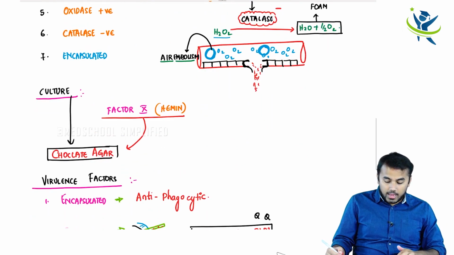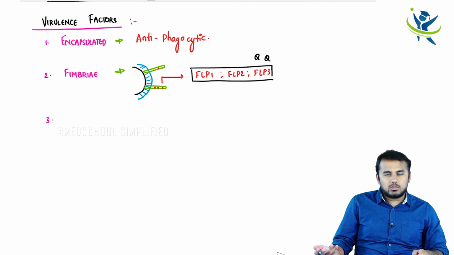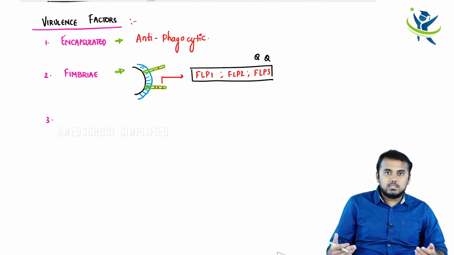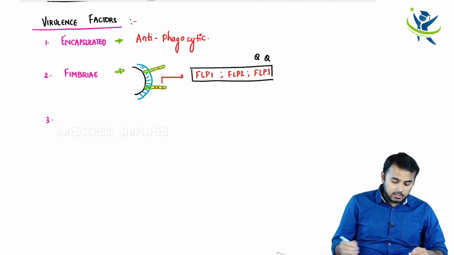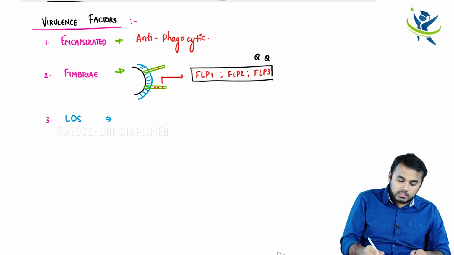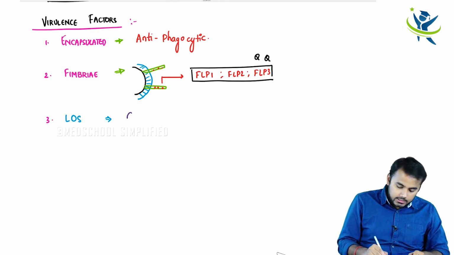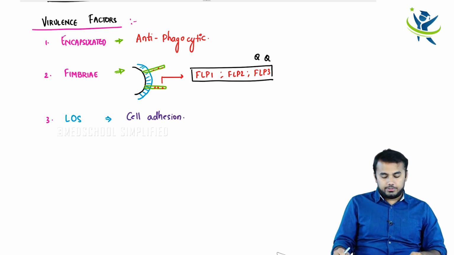So what is the function of lipo-oligosaccharide, guys? Basically lipo-oligosaccharide releases toxins, right? But as far as Haemophilus ducreyi is concerned, the function of this LOS is that it is responsible for adhesion on the cell. It is responsible for cell adhesion.